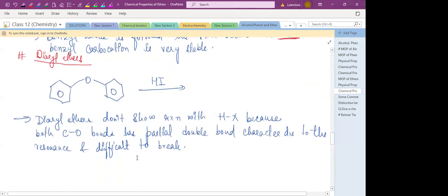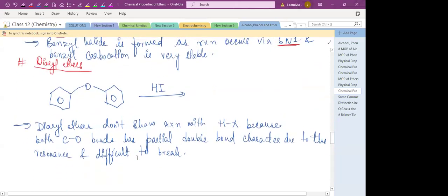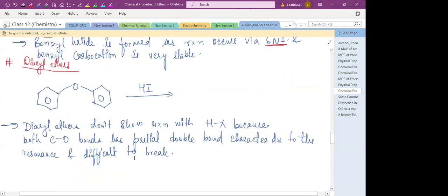Now, the next one is your diaryl ether. Can you cleave the diaryl ether? Again, it is not possible, because both sides are involved in resonance. There is a partial double bond character between both the benzene and oxygen.